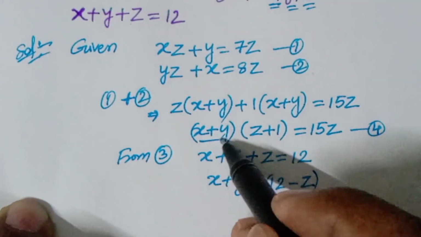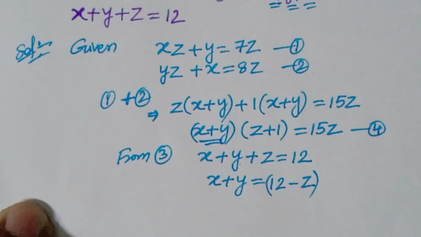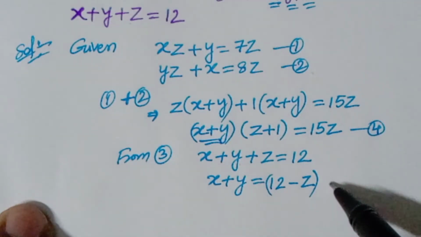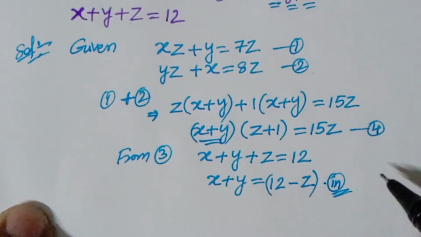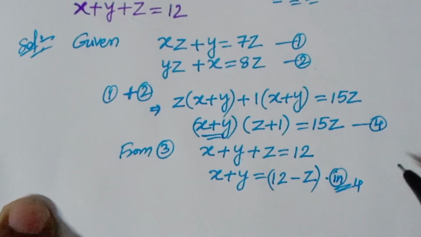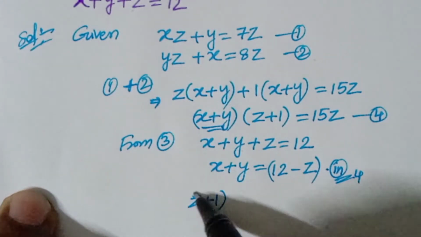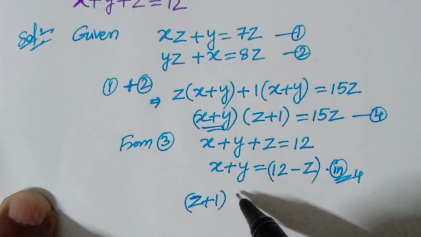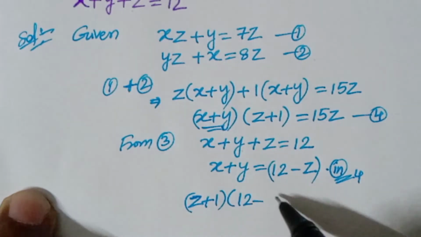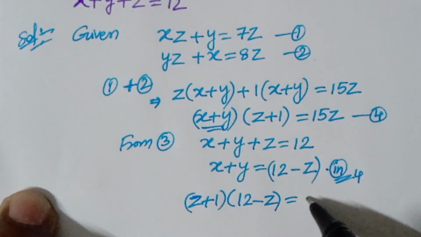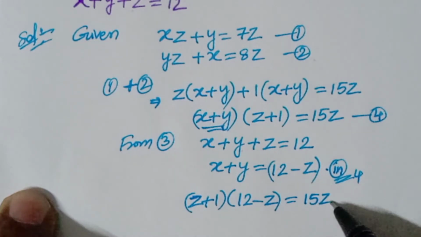Now substitute this x plus y value in 4. What will we get now? (z plus 1) into (12 minus z) is equal to 15z.